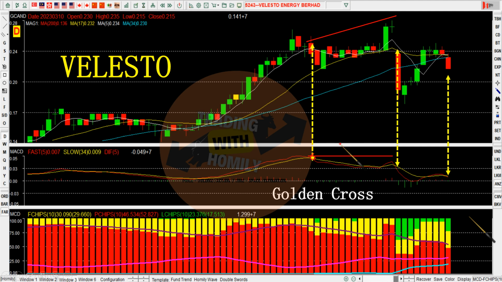After the top divergence, there is a dead cross. So especially for the short term, we need to be careful. There is a high risk for investors. And what's more, the banker chips have decreased and the locked retailers have increased.